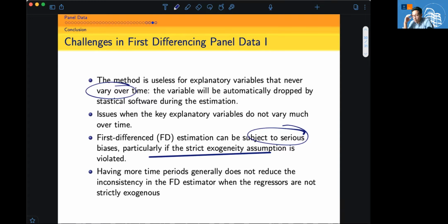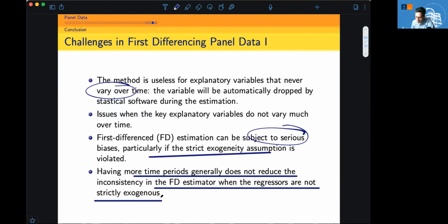So the first difference strategy relies on the assumption that the only unobserved factor that could be correlated with the explanatory variable of interest is the unobserved heterogeneity, so that we do the first differencing to eliminate the unobserved heterogeneity. Now, having more time periods generally does not reduce the inconsistency in the first difference estimator when the regressors are not strictly exogenous.